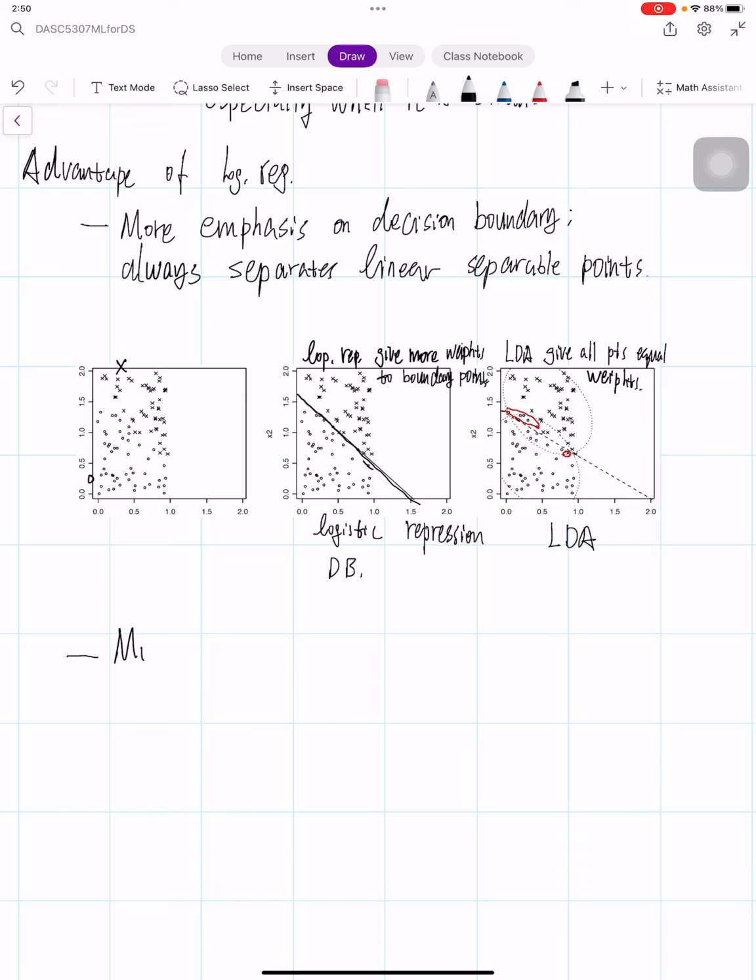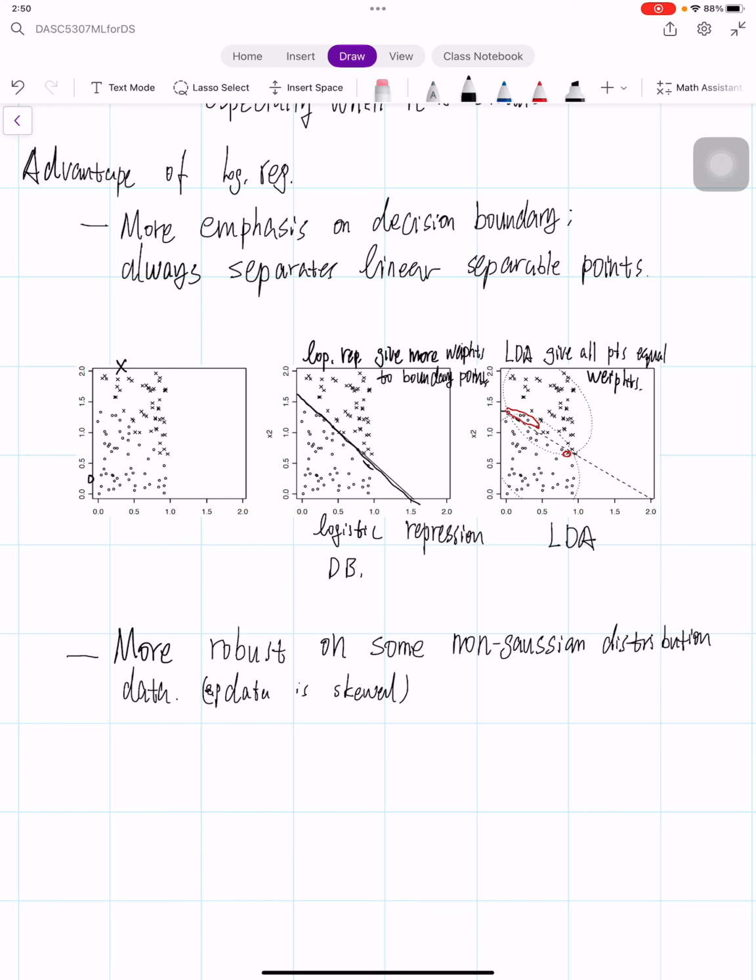So it's more robust on non-Gaussian distribution data, for example, if data is skewed or bimodal.